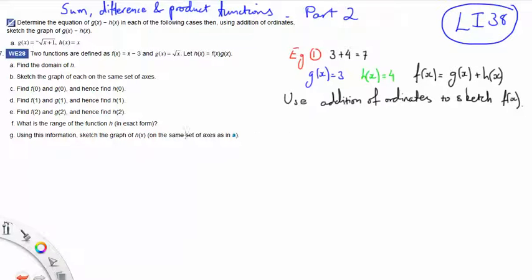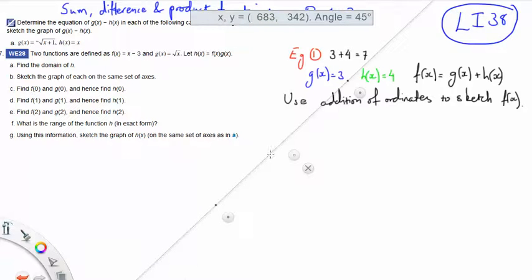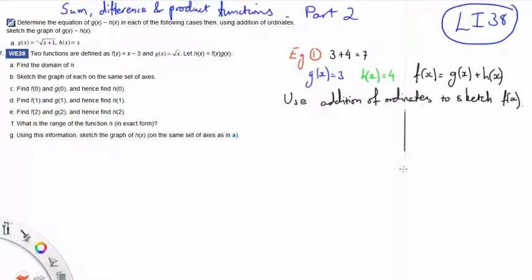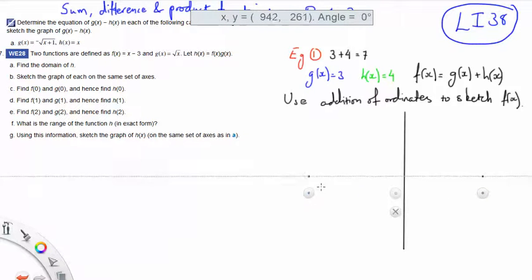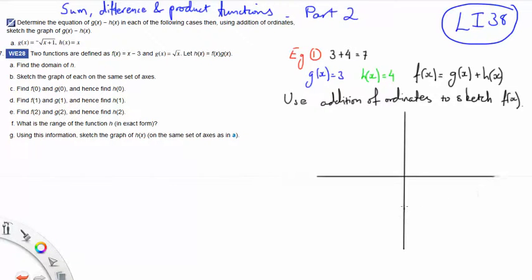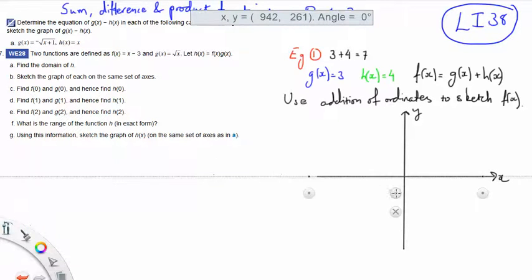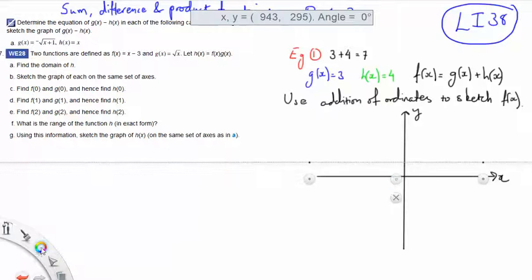Well, we're going to draw up a set of axes, and with addition of ordinates, what we do is we sketch each individual graph. So let's do that. We've got two parts to it, g of x and h of x. So we're going to draw a nice big set of axes. And let's do g of x first, which is 3.